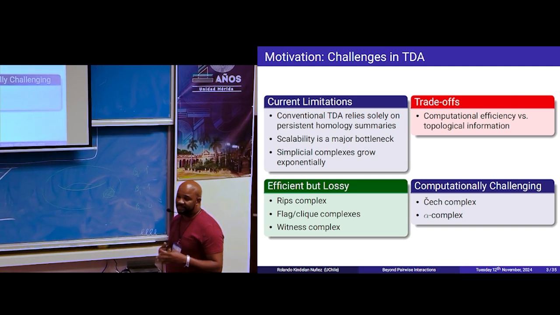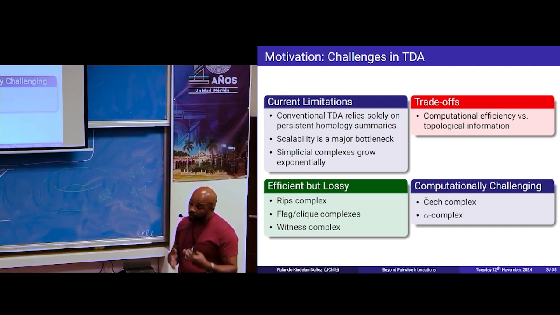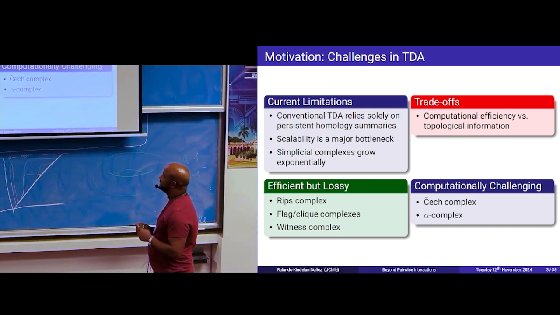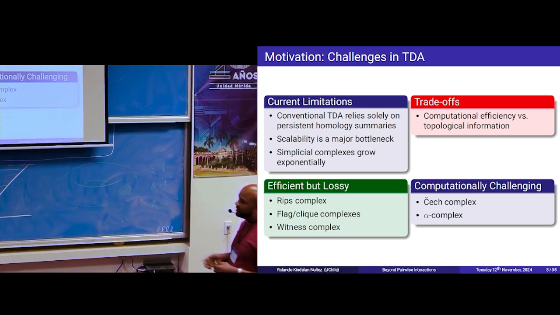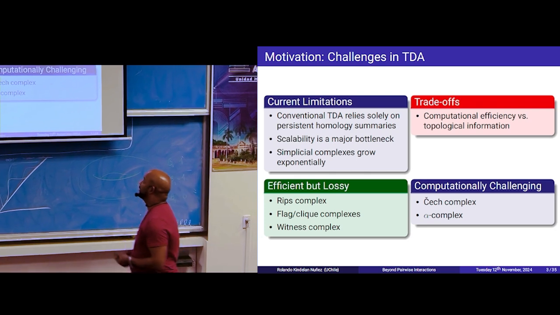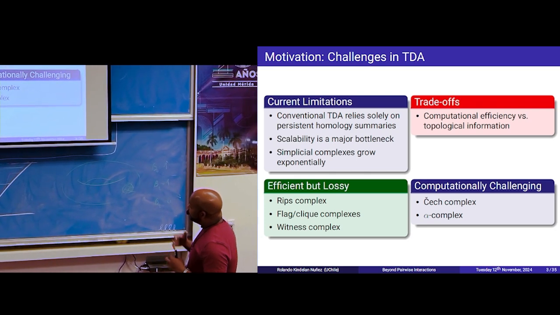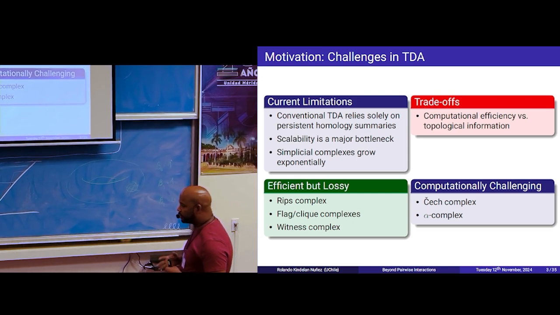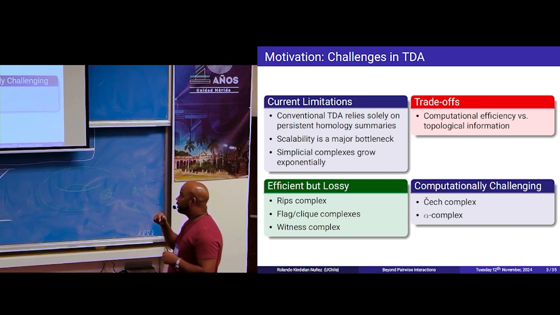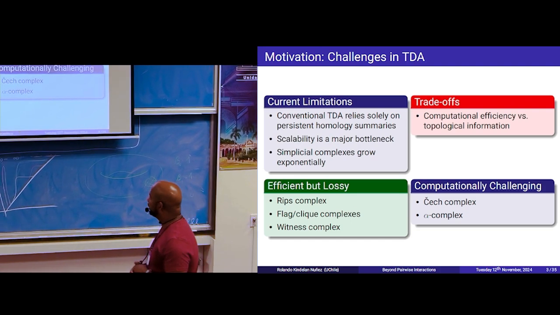So in order to address that, what is done normally is to utilize other complexes, like for example, Vietoris-Rips, alpha complex, or complexes that sacrifice topological information in order to gain computational efficiency. But because the most topologically accurate complexes are computationally expensive to get.